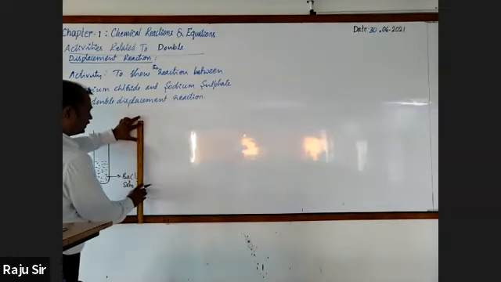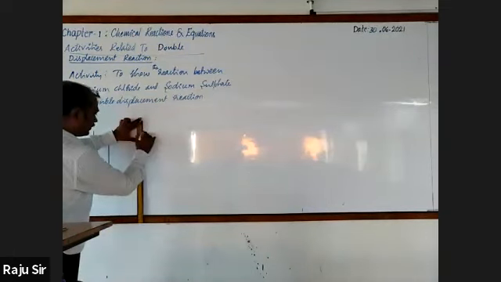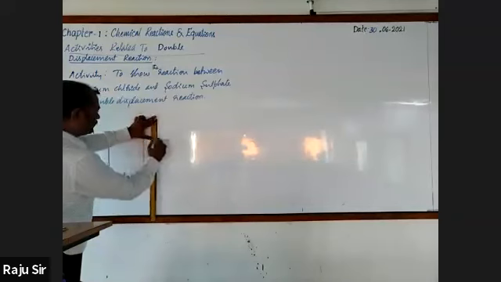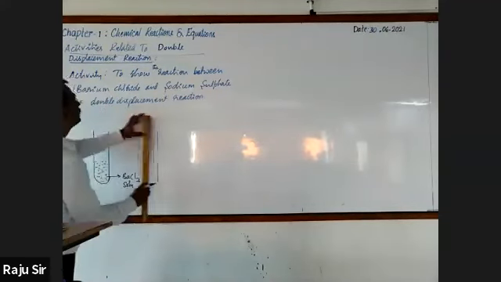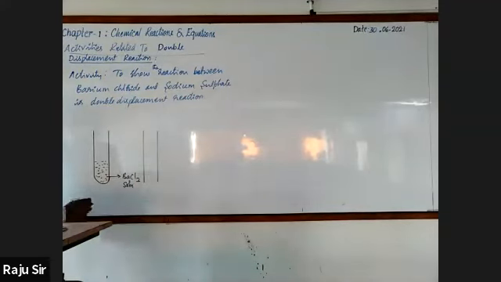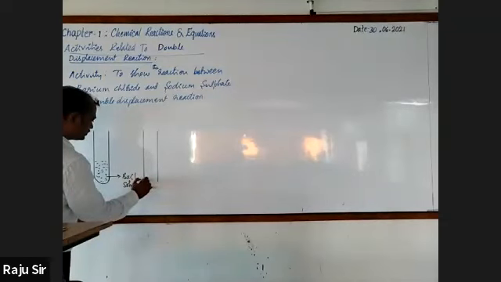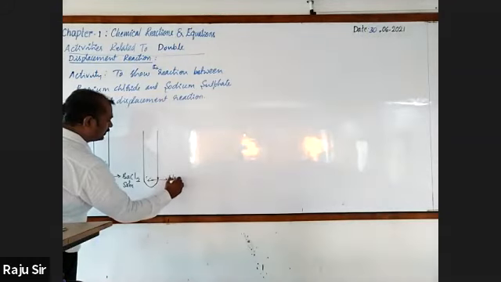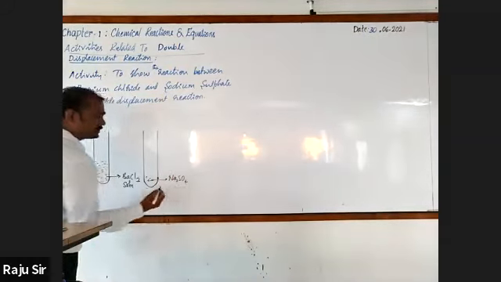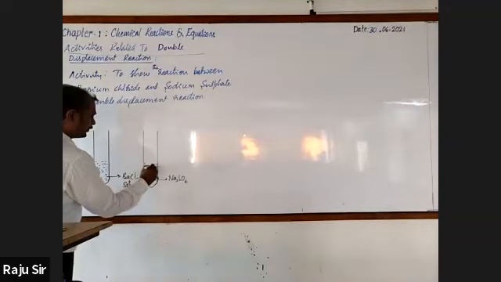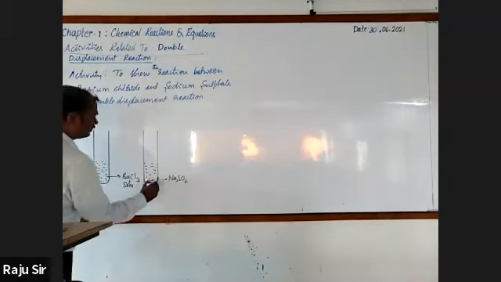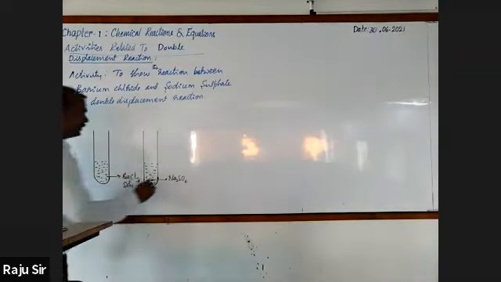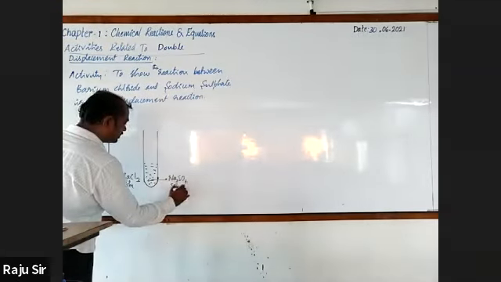Next, in another test tube, we will prepare sodium sulfate. Draw with me, don't waste your time. The crystals of sodium sulfate, Na2SO4, are white. Add water to the test tube and shake it well. It becomes a solution.